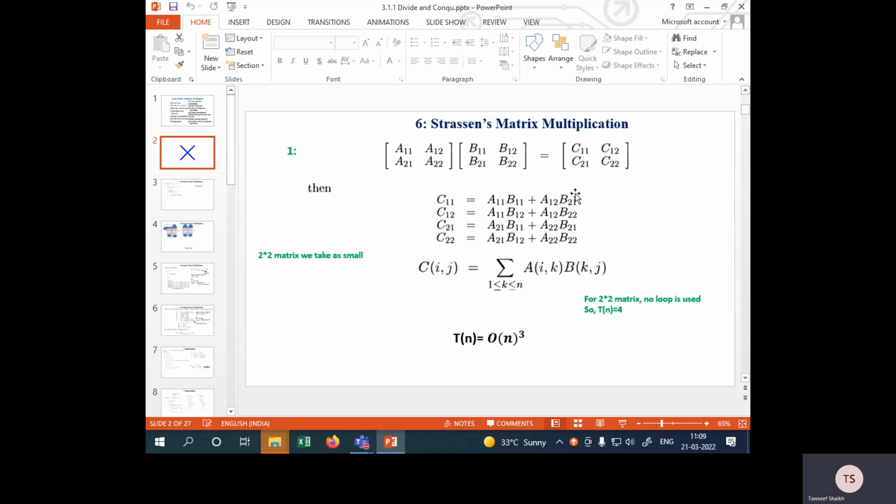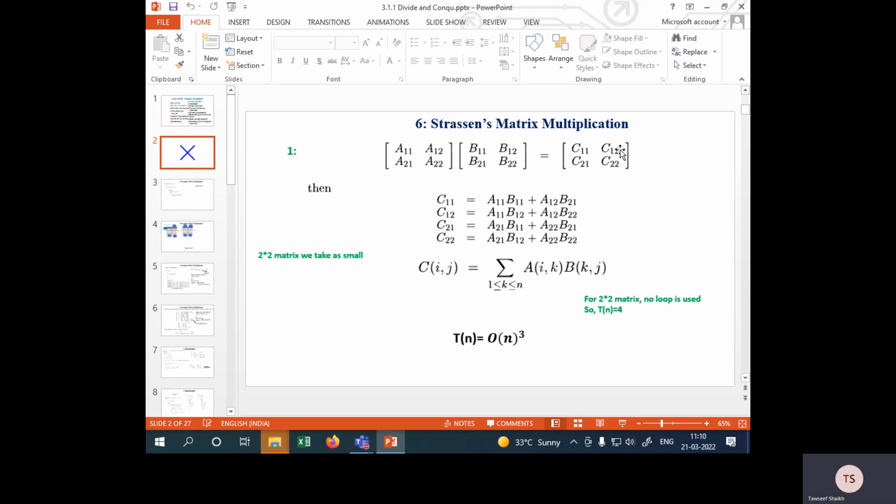And in linear algebra, how do we do it? We simply take the first row of matrix A, multiply it with the first column of matrix B, and that becomes the C11 element of our third matrix C. So C11 will be equal to A11 into B11 plus A12 into B21.